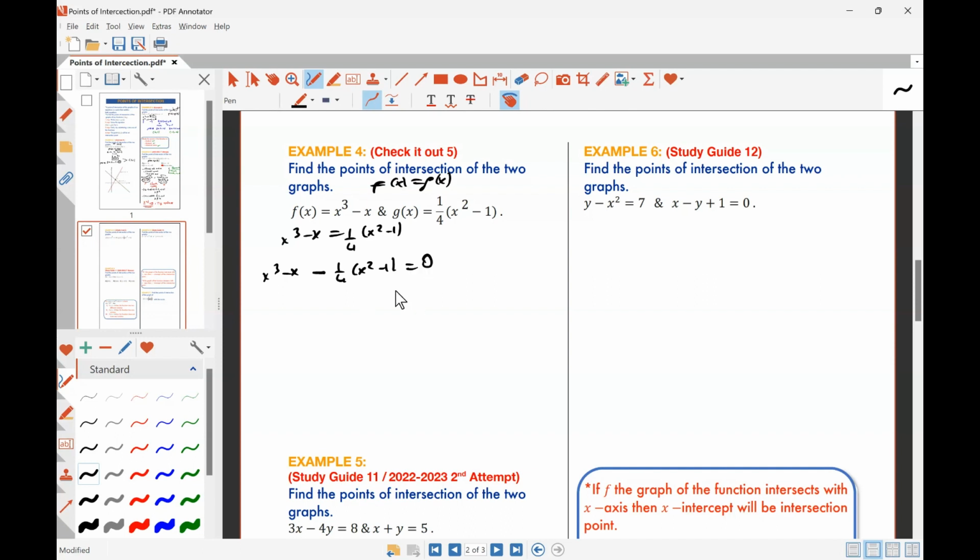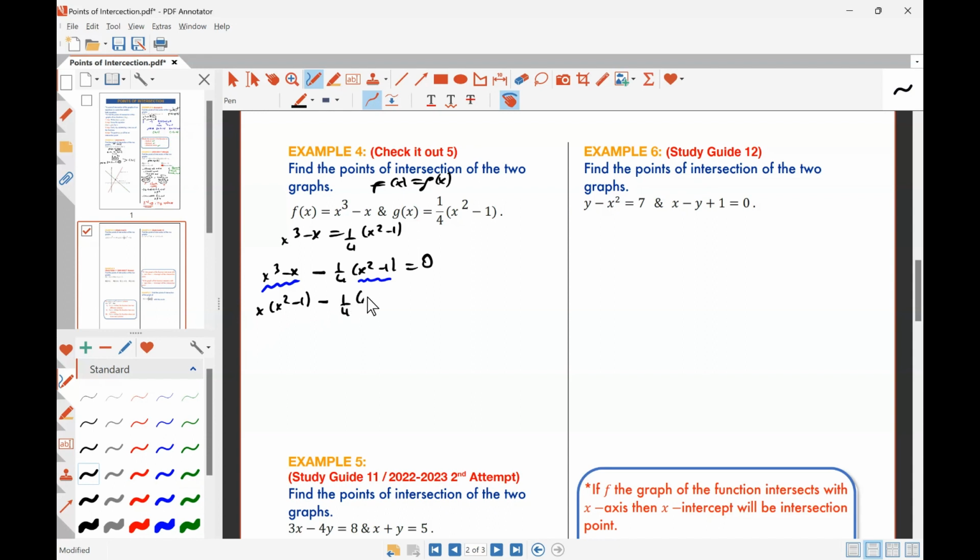So we are looking for common factors. So do we have common factor here, x cubed minus x, in this part? And do I have a common factor here? I don't have a common factor here, but I can do the simplification, factorization here. But in this part, I can take out the common factor, which is x. x squared minus 1 minus 1 over 4.